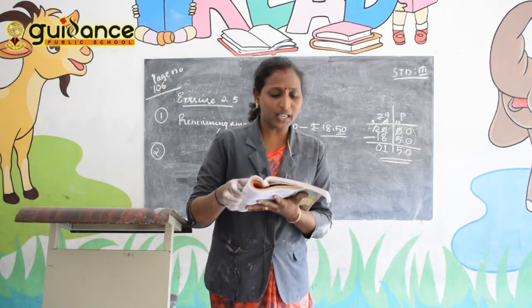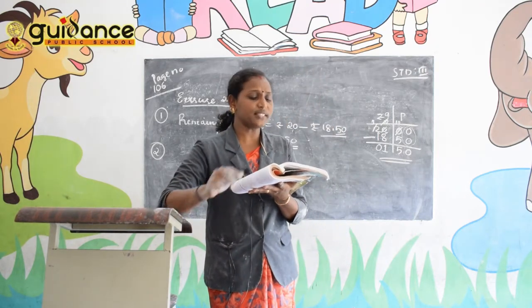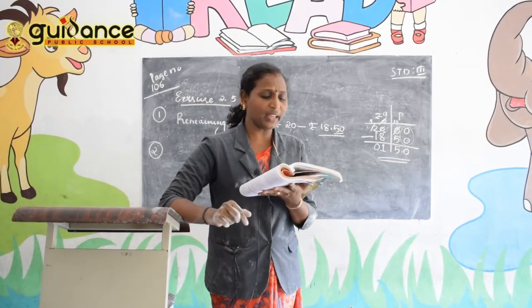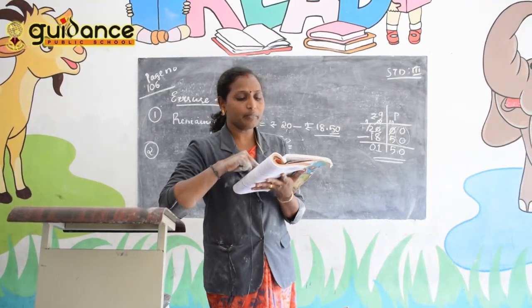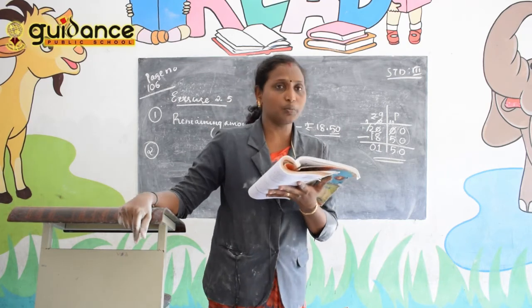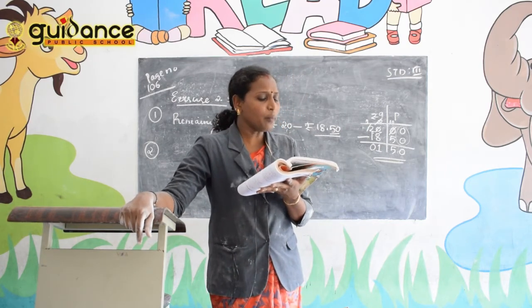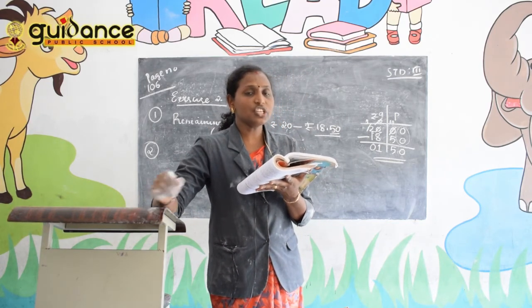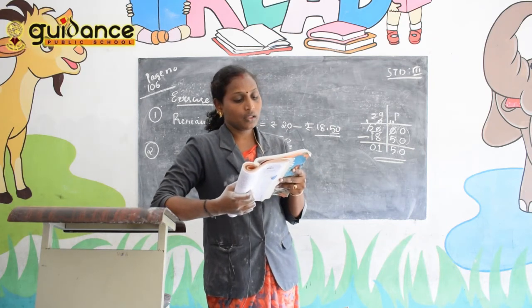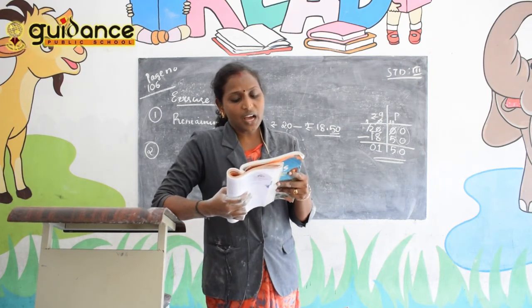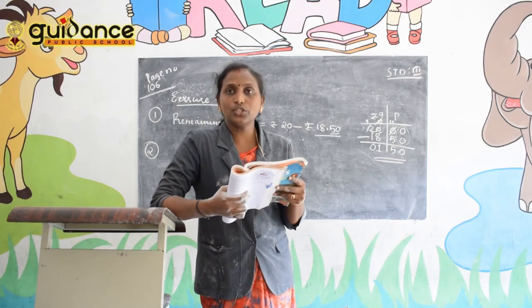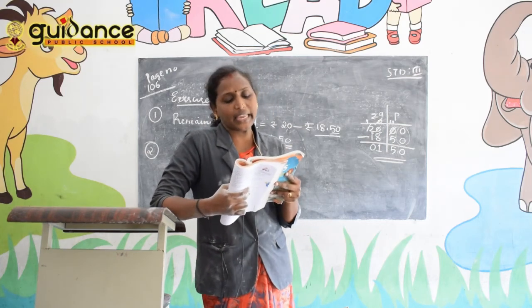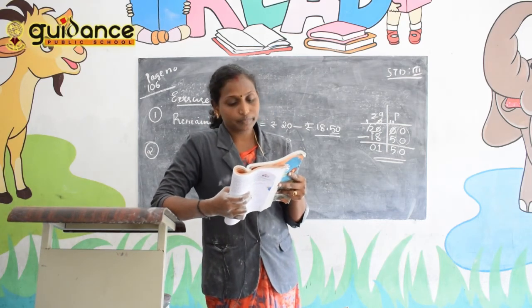Shilja has rupees 254 rupees 60 paise in her piggy bank. To buy two Enid Blyton books for rupees 300, how much more money does she need? So Shilja has 254 rupees 60 paise in her piggy bank.